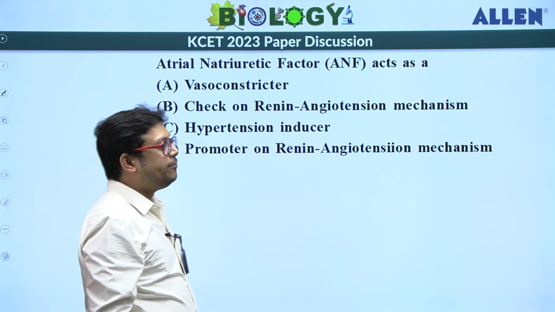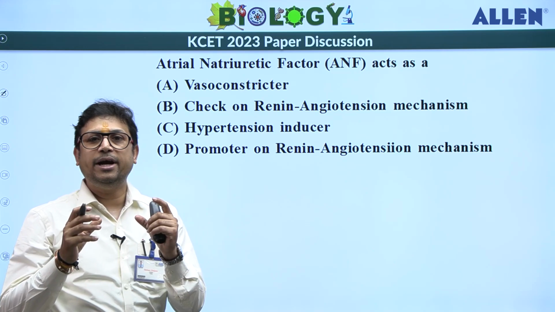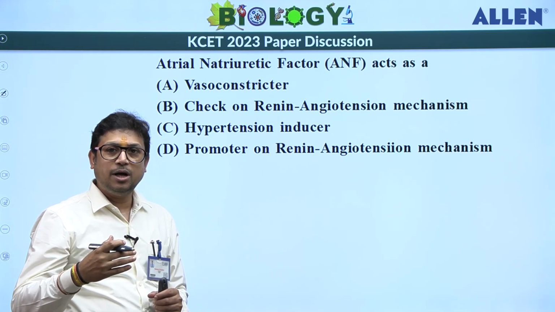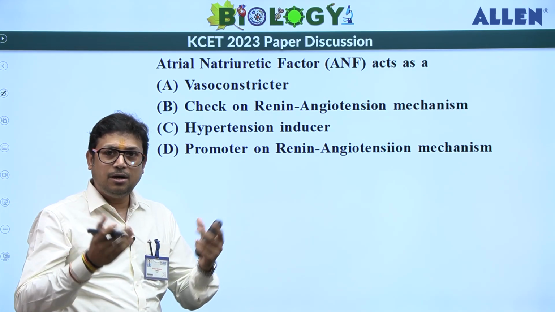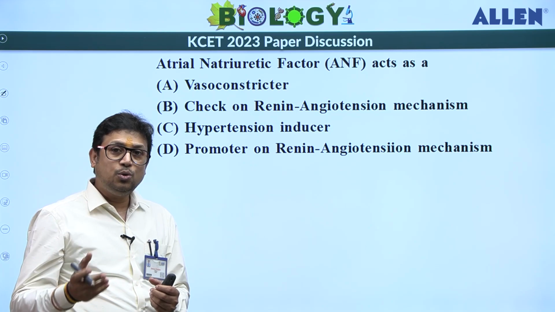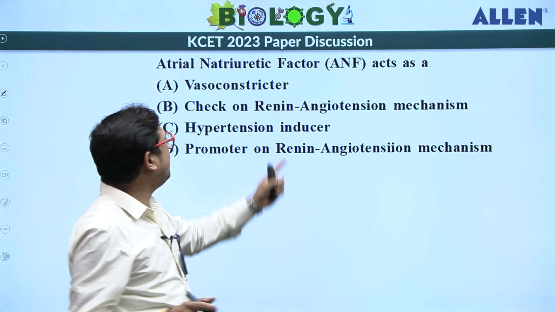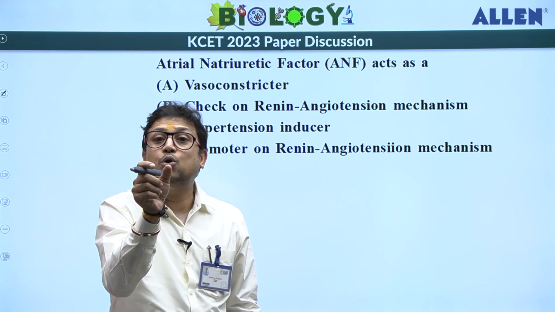Atrial natriuretic factor is actually produced from the wall of the atria to counter the RAS mechanism, right? So in the RAS mechanism, your GFR will be restored, so that is why your blood pressure ultimately increases. So the increased blood pressure should be nullified, right? That is why atrial natriuretic factor will be produced, which acts as a vasodilator.